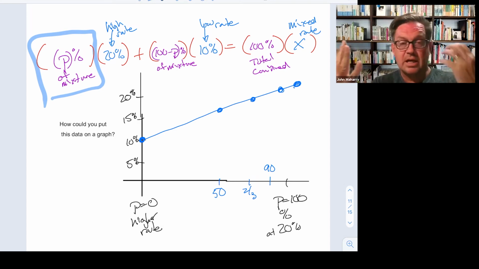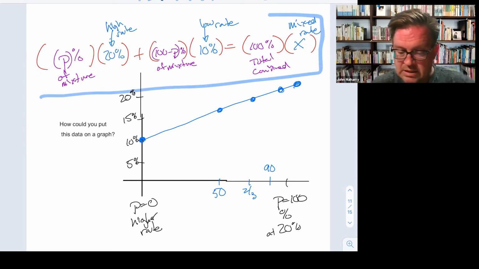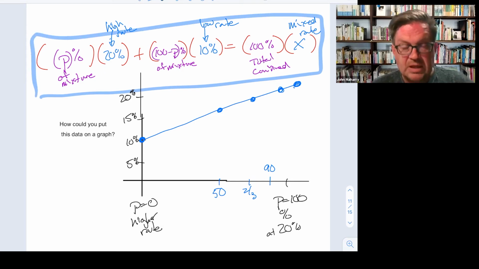Got a high rate and a low rate. Let P be the percent of things at the high rate, and then 100 minus P is the percent at the low rate, and 100 is the total. And so we can get this nice equation here, where P is the variable and X is the output, right? It'll tell us the final mixed rate.